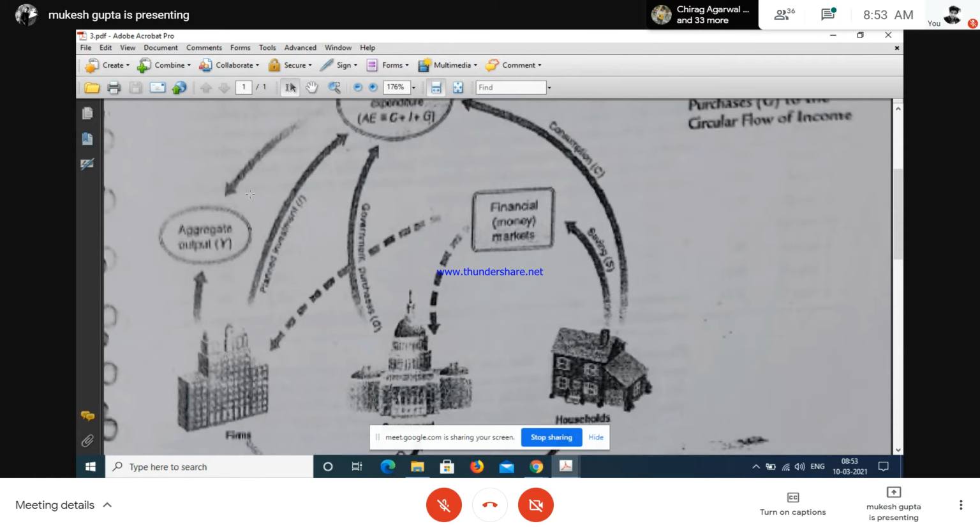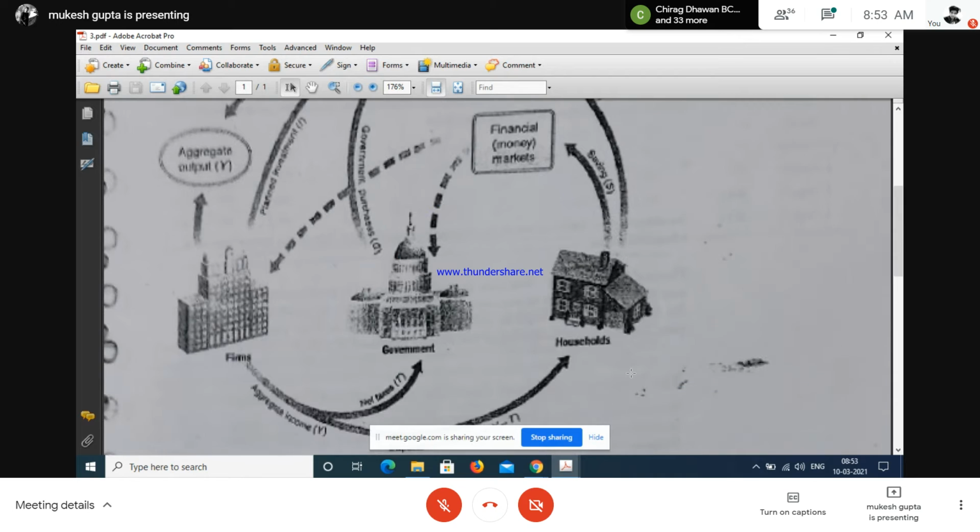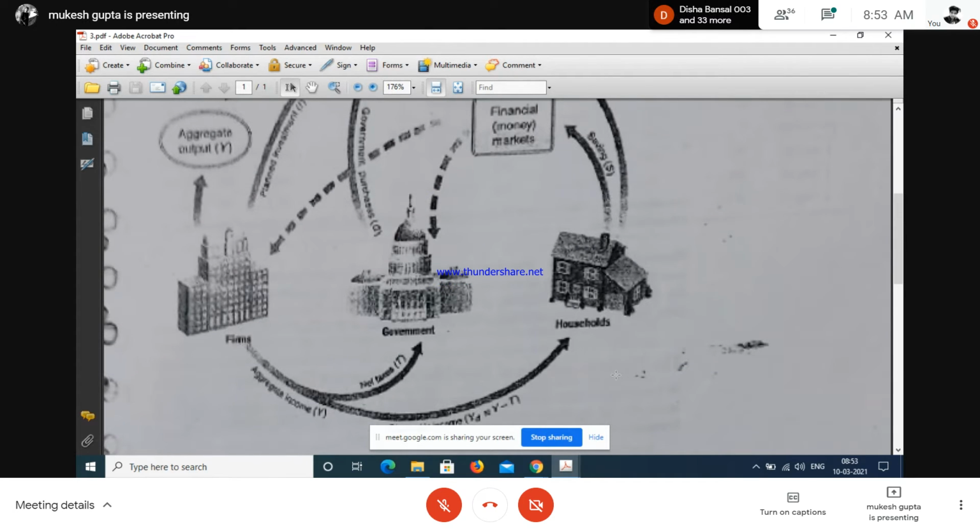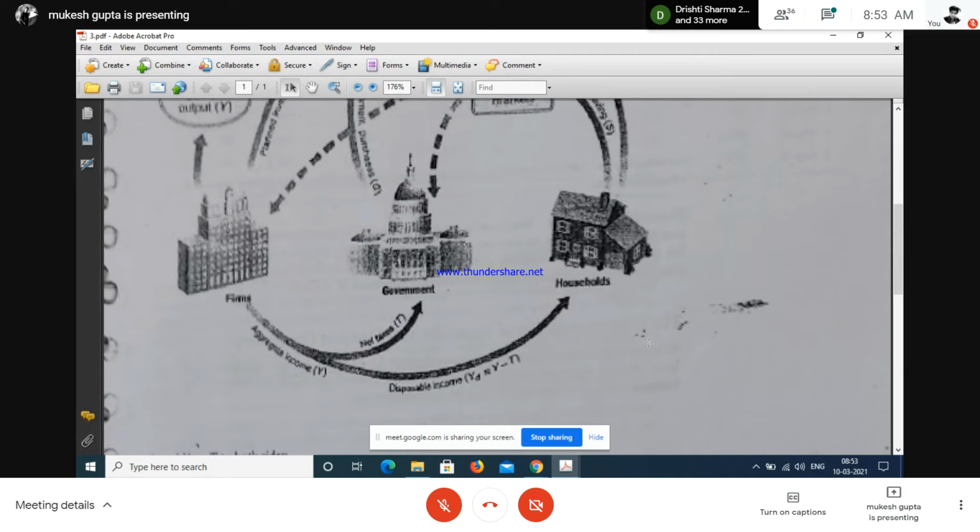The household supplies land, labor, and capital and gets aggregate income Y. Out of this, net tax is paid to the government, and the government gives some transfer payments, so we consider net tax here.